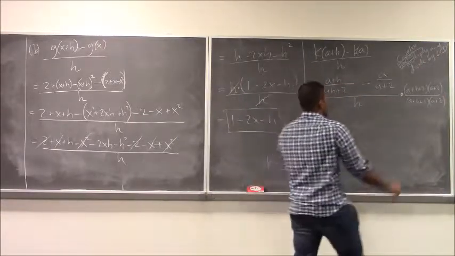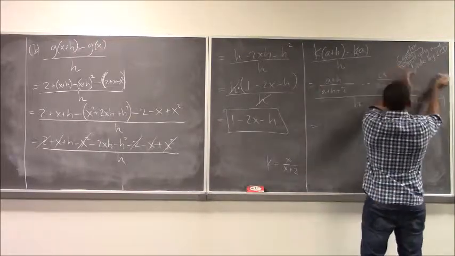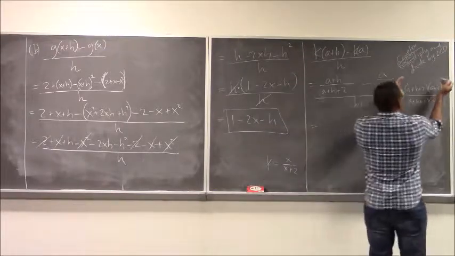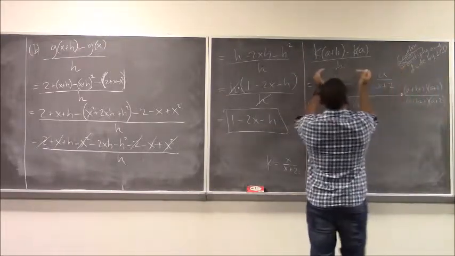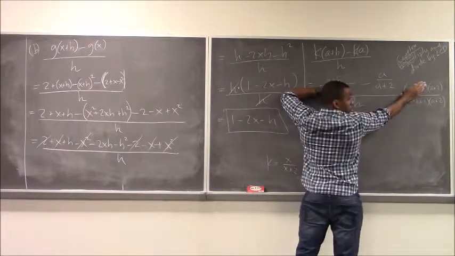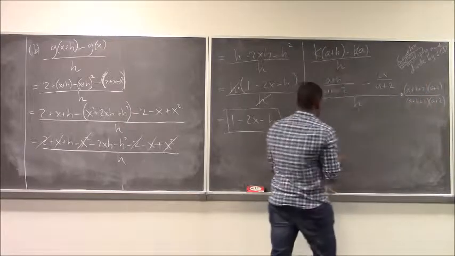Now you're going to use the distributive law. You take the top and multiply each term in the top. If I take this expression and multiply that expression, these guys will cancel, and I'd be left with this times that.